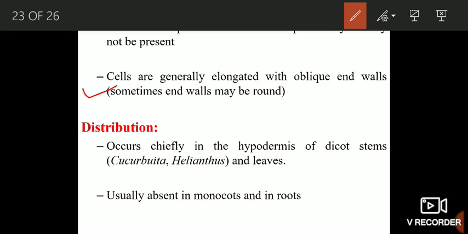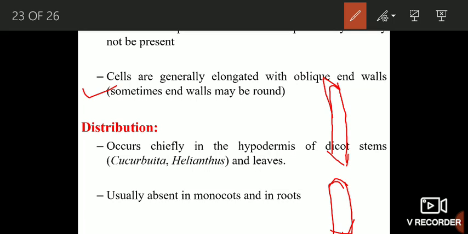They have an elongated structure with oblique end walls. Here you can see this is the elongated cell and it possesses the oblique end walls, or sometimes the end walls may be round in outline.